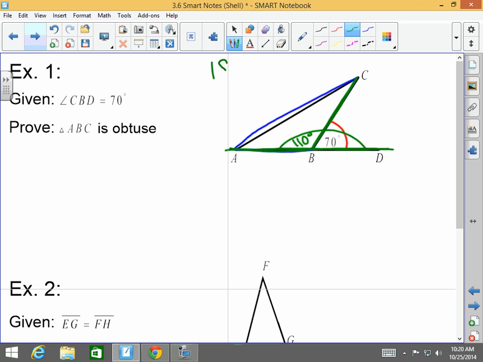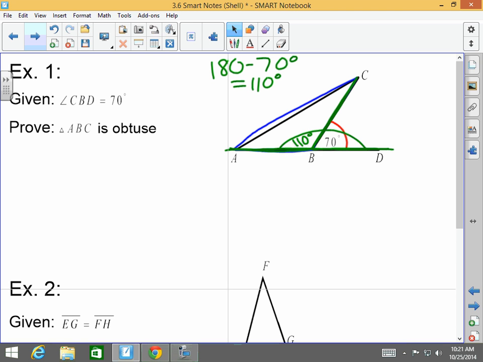Why? Because 180 minus 70 equals 110 degrees. If angle ABC within triangle ABC is 110 degrees, that means that triangle ABC is obtuse.